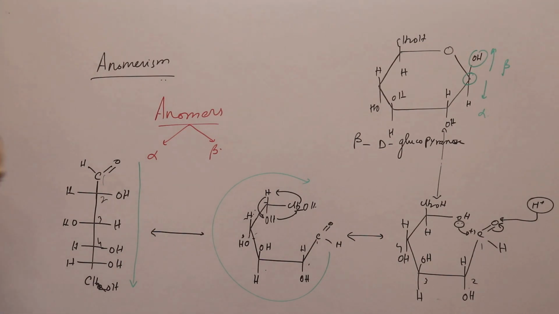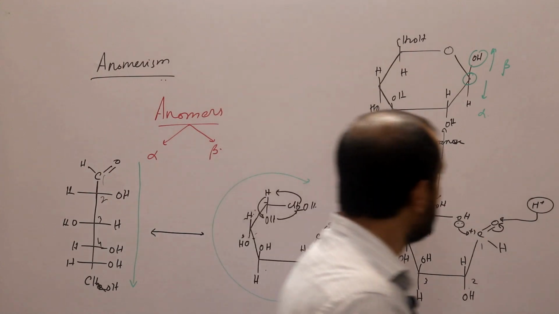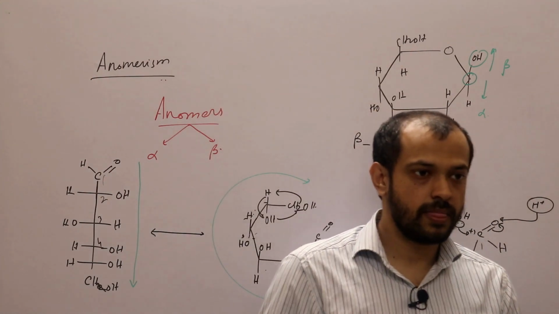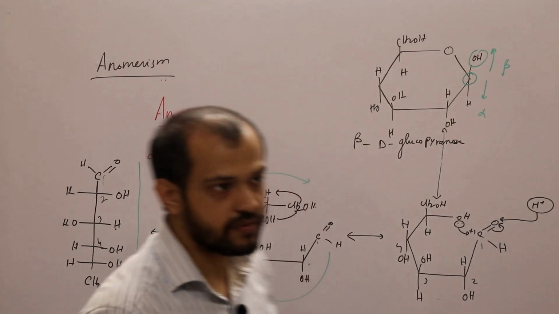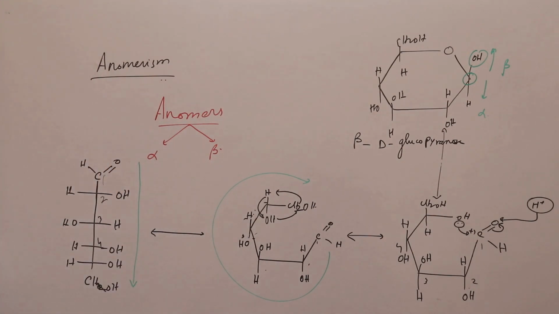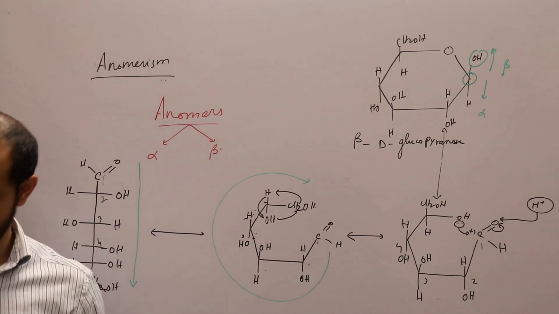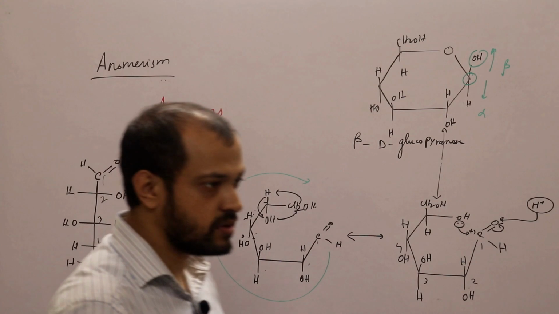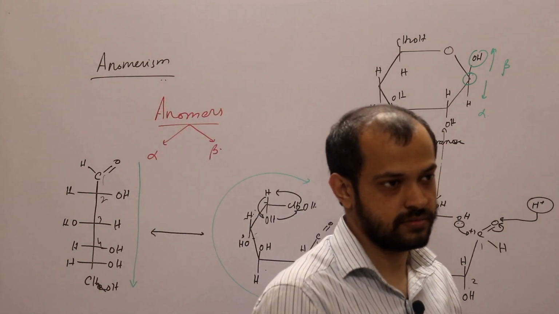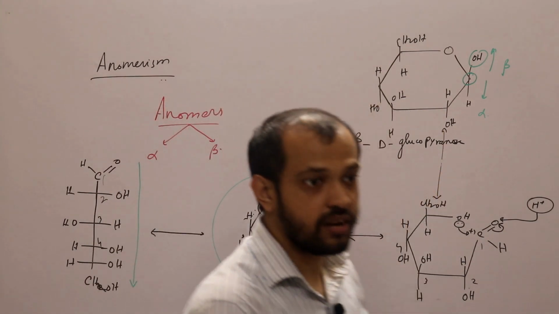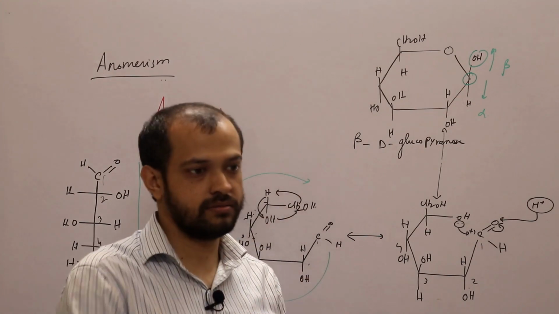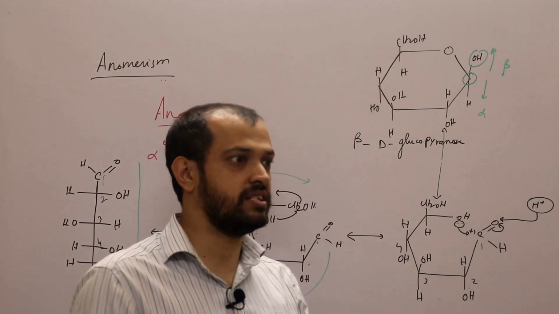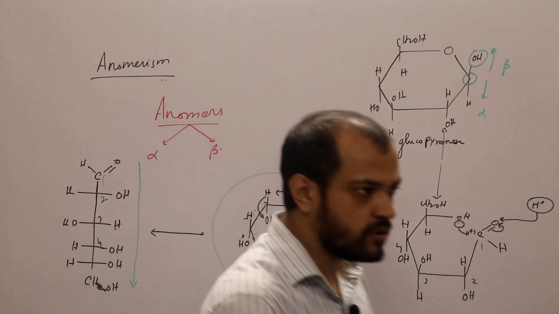Now listen with all your attention. If I ask you what is the importance of alpha and beta anomer, and how we can obtain specifically alpha anomer and how we can obtain specifically beta anomer, are they important?